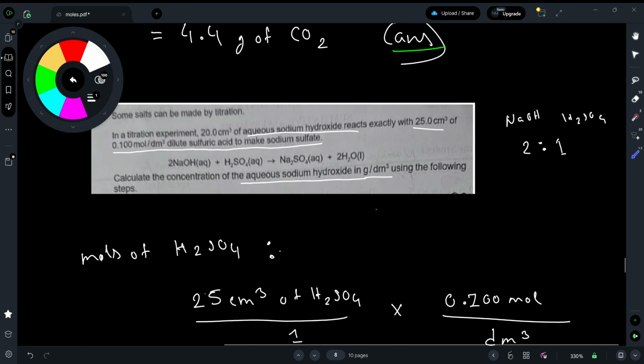We just do it individually. So let's find 0.005 moles in grams. So let's look at the periodic table. Sodium's mass: sodium has a mass of 23.